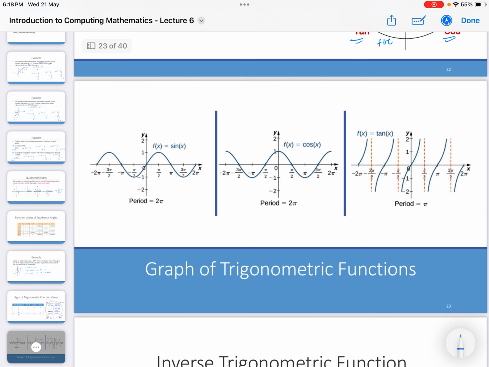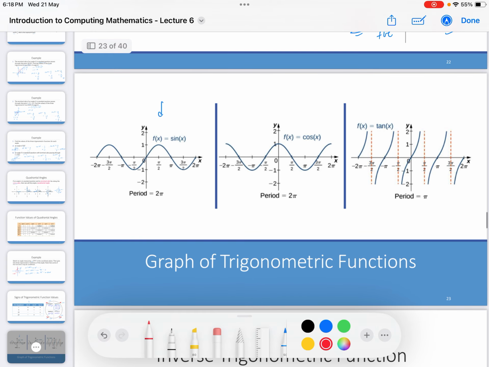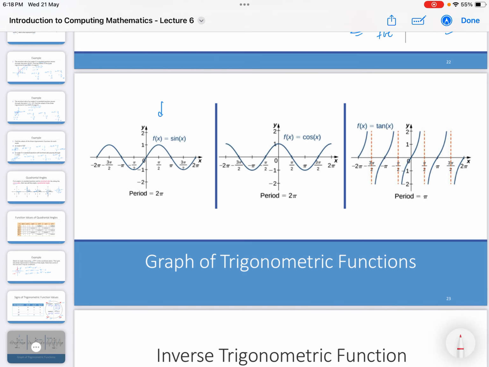And then this one is the graph of trigonometric functions. Over here is the graph of sine x. We have this from 0 to pi and then to 2 pi. This is in radians, and 2 pi is equivalent to 360 degrees.